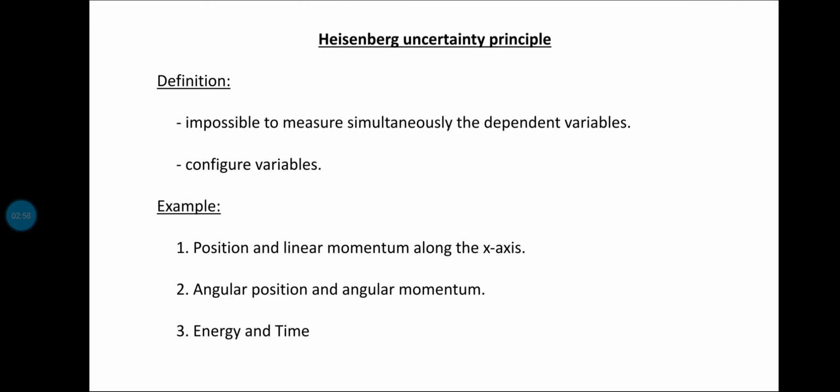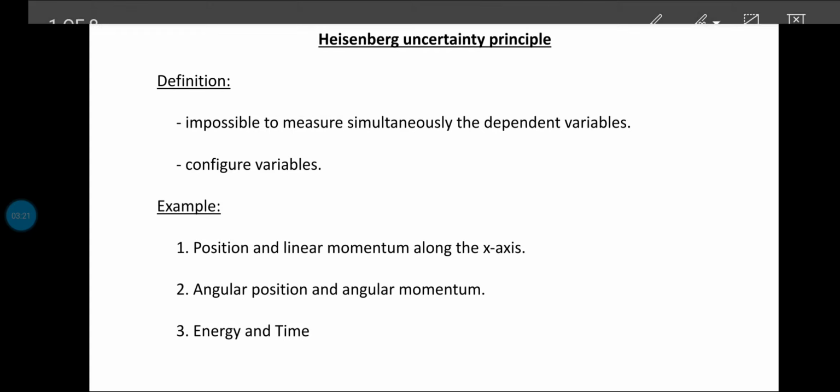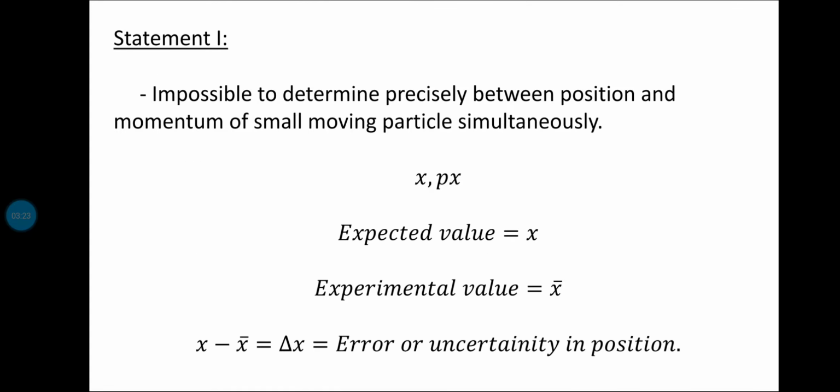We have seen the definition in general, but now we are going to see the definition by taking each and every example. First one is position and linear momentum. By taking these two as conjugate variables, how can the Heisenberg uncertainty principle be explained? Now this is statement 1.